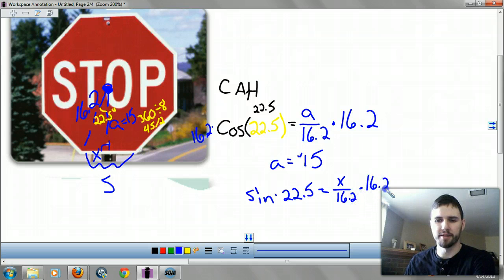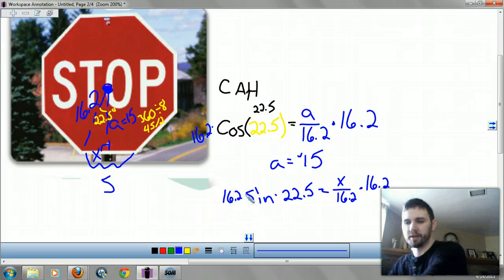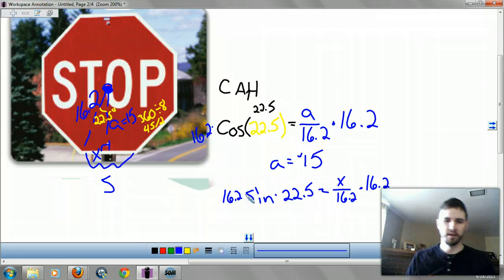Times both sides by 16.2. I actually really like doing it this way. Not everyone does. You might as well if you're already doing sine and cosine. So you get about 6.2.